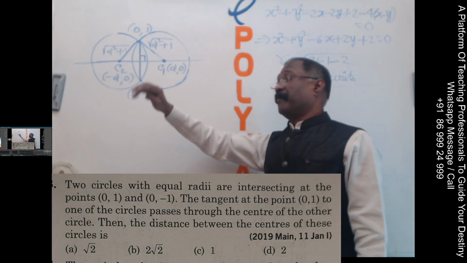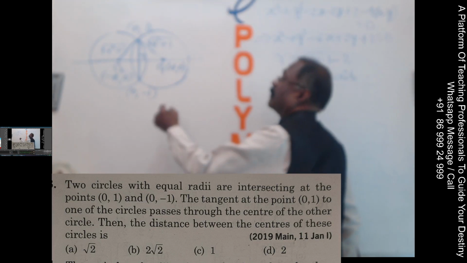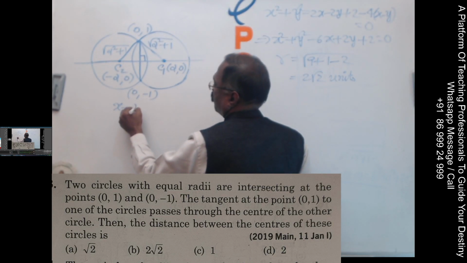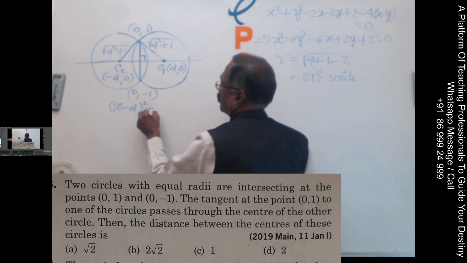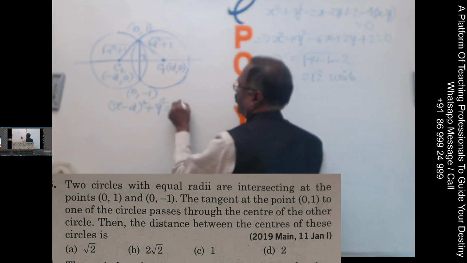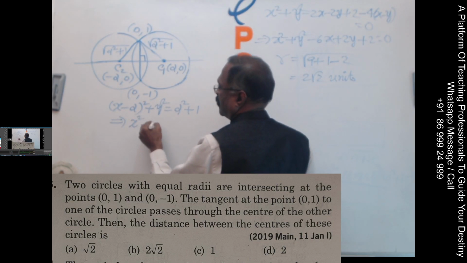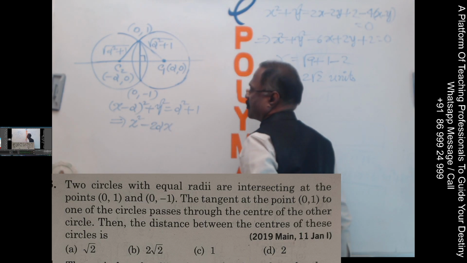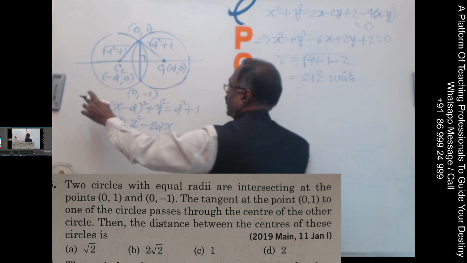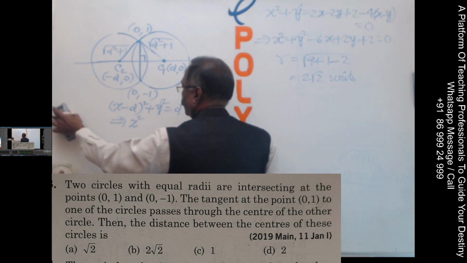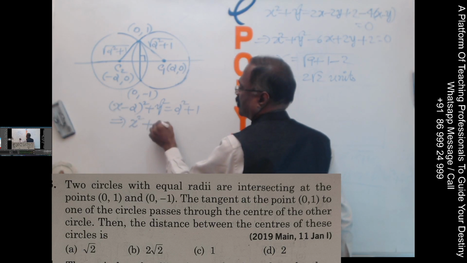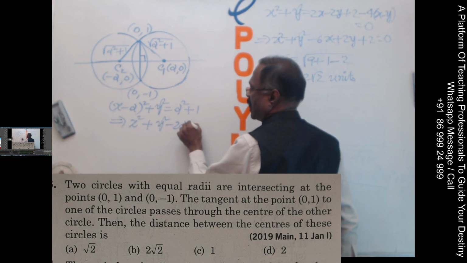That is why I took the same radius. Okay, now let me write this circle. X minus alpha whole square plus y square is equal to alpha square plus 1, which implies x square minus 2 alpha x. Let me write the circle in standard form: x square plus y square minus 2 alpha x.